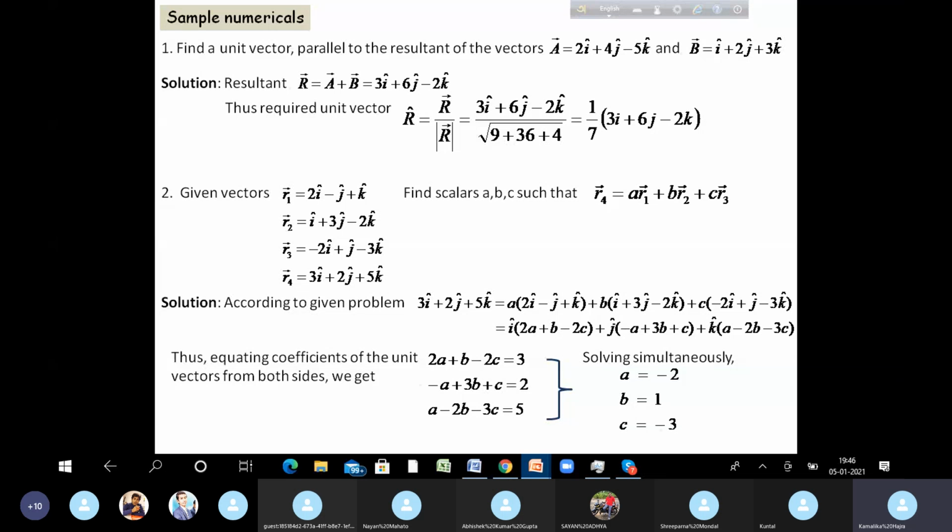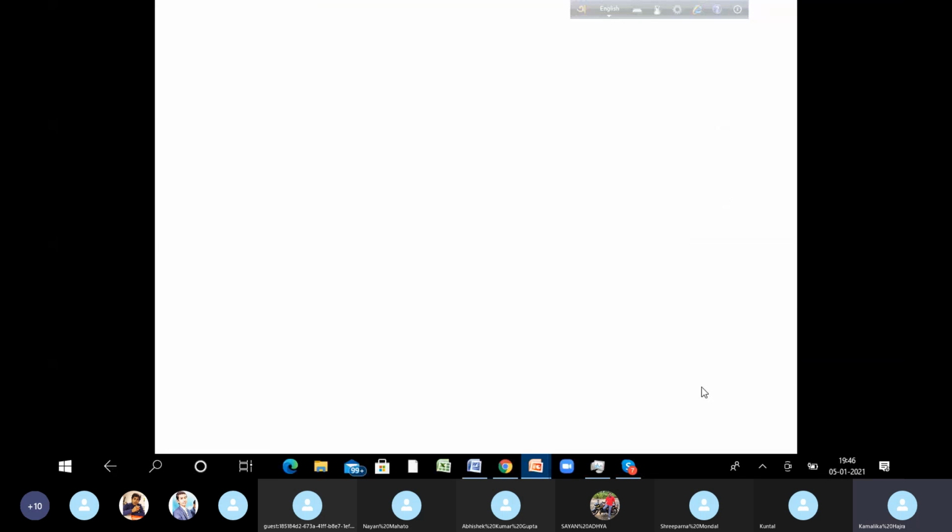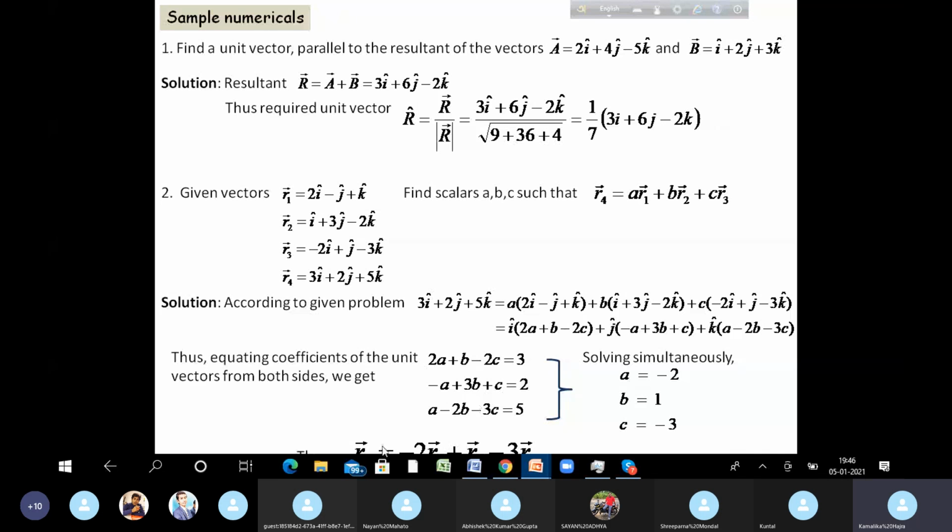So since we have found values of a, b, and c, now you can write R4 as a combination of R1, R2, and R3: minus 2R1 plus R2 minus 3R3.